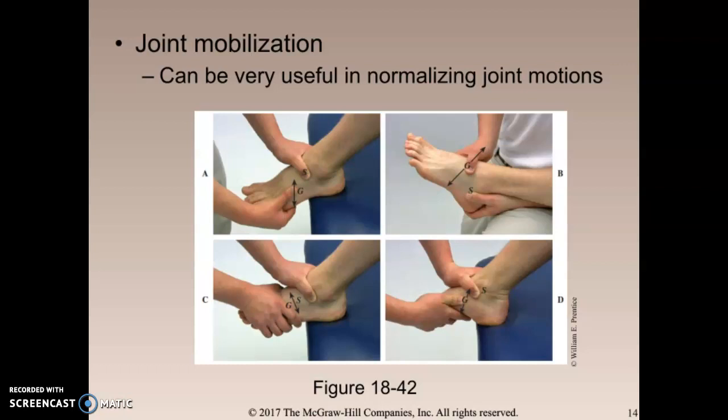And then we can go farther down into the MTP joints. And the MTP is the metatarsal phalangeal joint. So in between those metatarsals and the phalanges. And we can stabilize the metatarsal and we can mobilize the phalange. Specifically, we typically use it on the big toe, but you can use it on any of them.